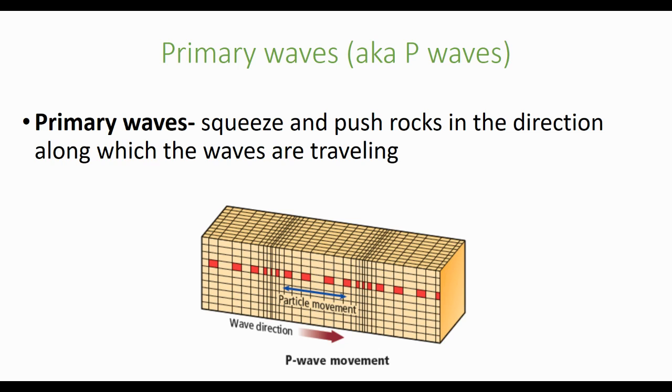Primary waves squeeze and push rocks in the direction along which the waves are traveling. These are also known as P waves.